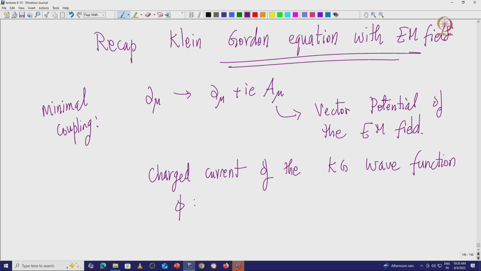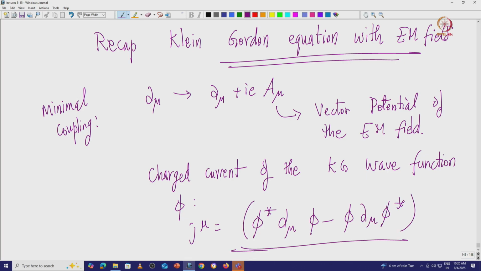Phi, if you remember, is J mu equal to phi star del mu phi minus phi del mu phi star. So this is a Lorentz current J mu, it's a Lorentz vector.